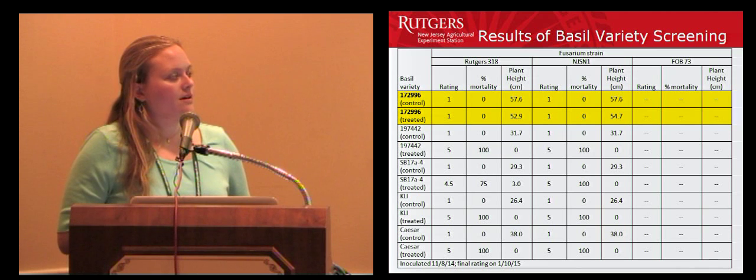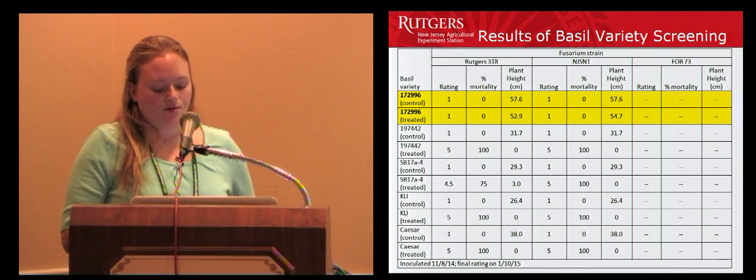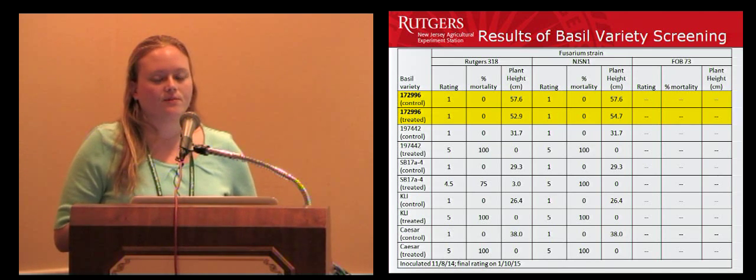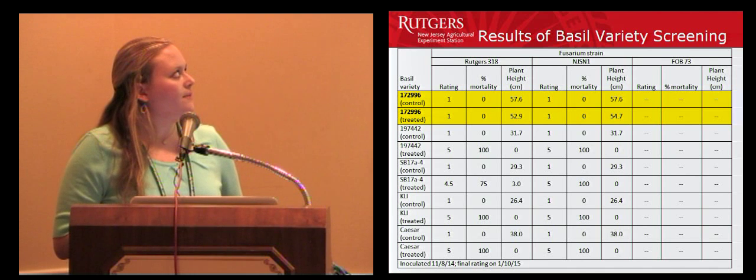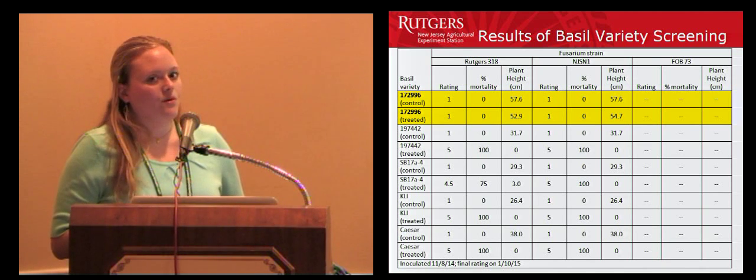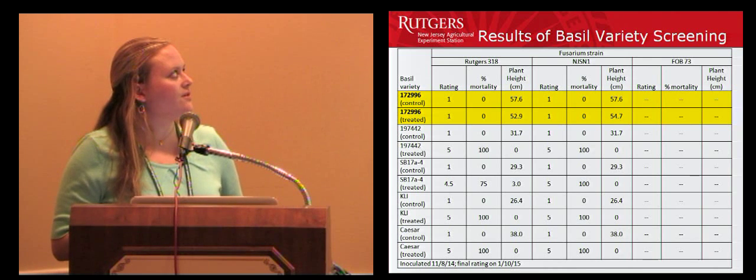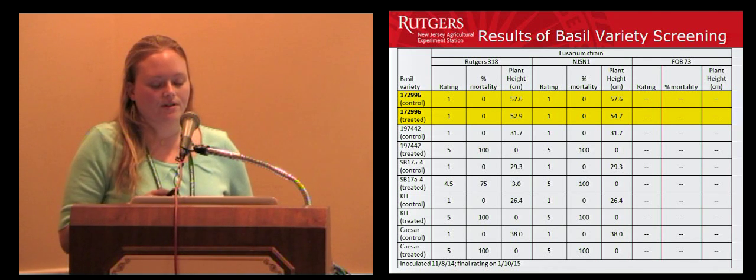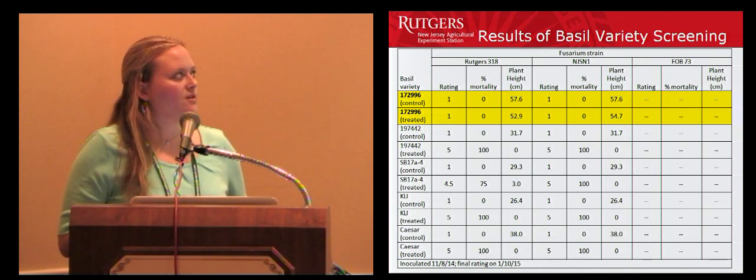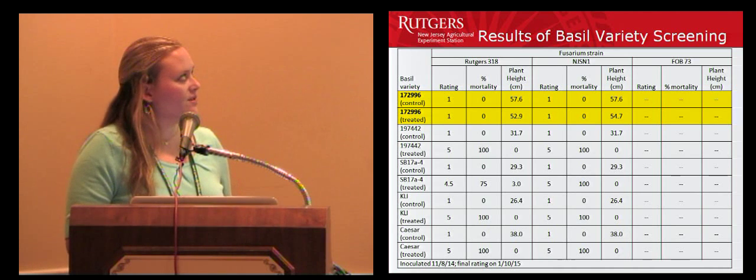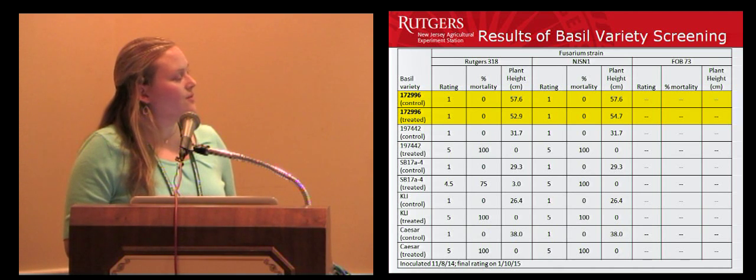So then, after the commercial lines, now we're starting with some of Rob's lines, different varieties. And a good thing here is that this one variety that Rob mentioned was also with downy mildew resistance looked well.